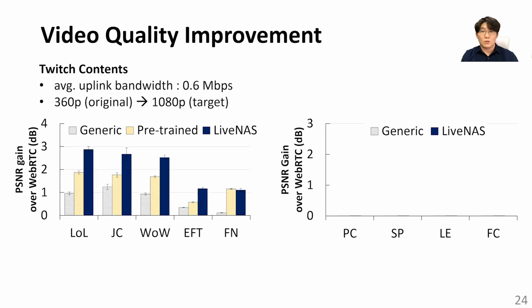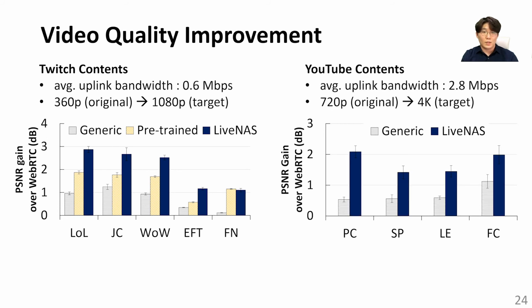The left-hand side presents the result of 5 Twitch contents, and the x-axis is the content name. The right-hand side presents the result of 4 YouTube contents. The result shows that LiveNAS outperforms both WebRTC and generic DNN baselines. For the Twitch contents, LiveNAS outperforms the pre-trained model except for the Fortnite content, whose quality was nearly the same as pre-trained.